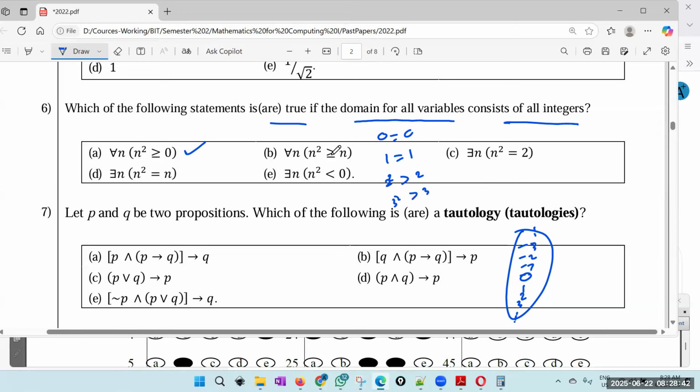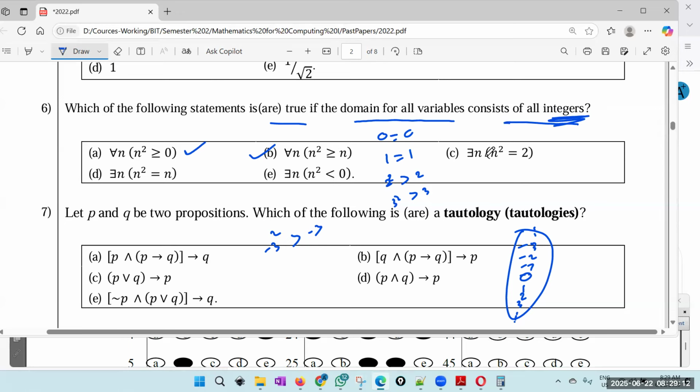You can't have fractions. Even minus 3 squared is greater than minus 3. So for me, this is correct. Anyone see that this is not correct? Any contradiction? It worked for 0, for 1, and for any other integers, positive and negative. I don't need to consider fractions because this is integers.